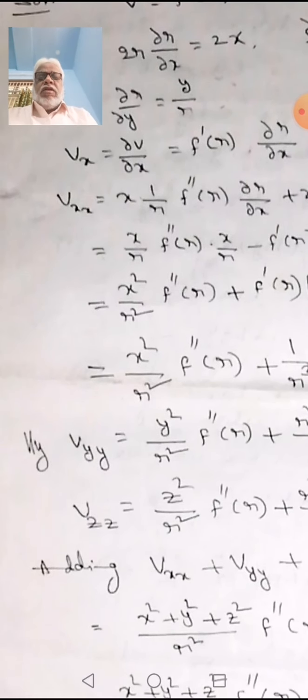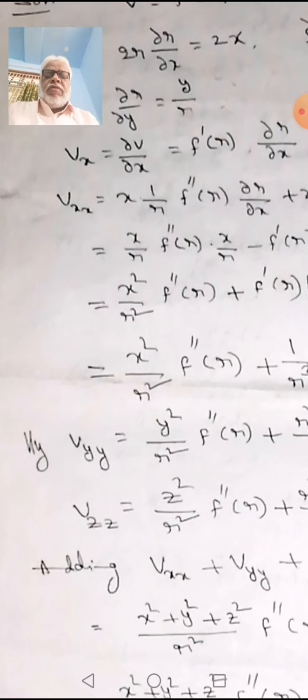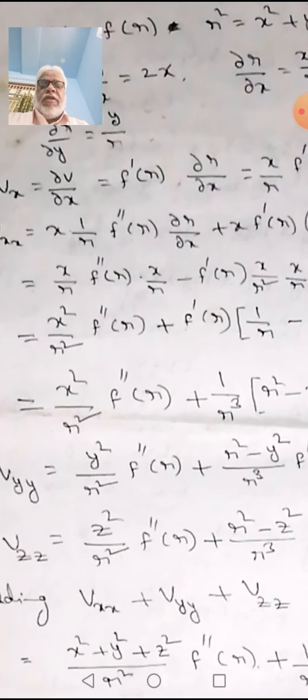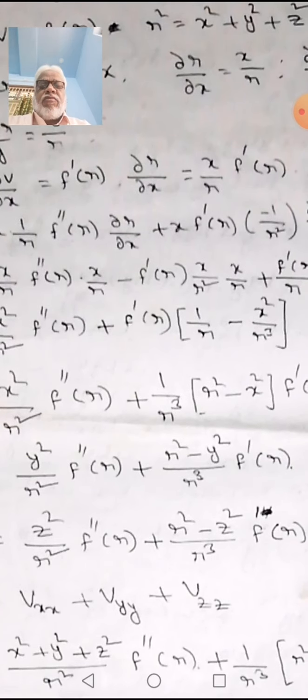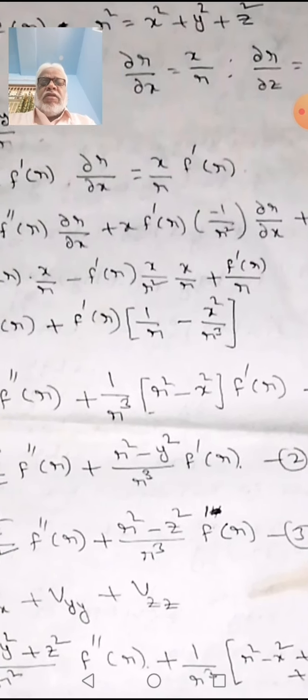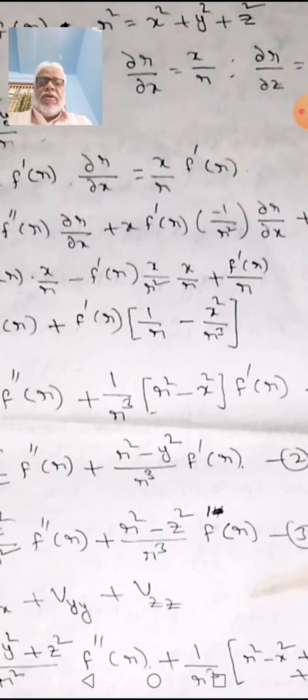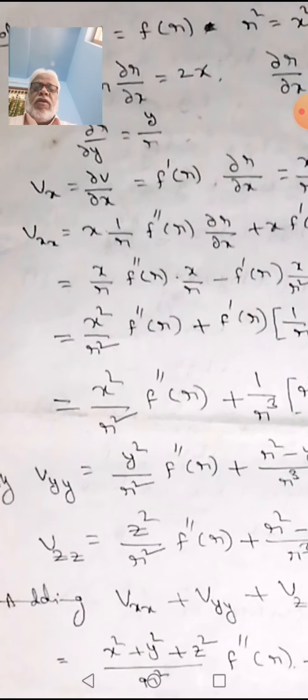This is equal to, you see, x into x, multiplying the numerators, x square by r square f double dash r, plus, if we take common in these two terms, f dash r is common: 1 by r minus x into x, x square by r cube. This is the simplification of vxx.